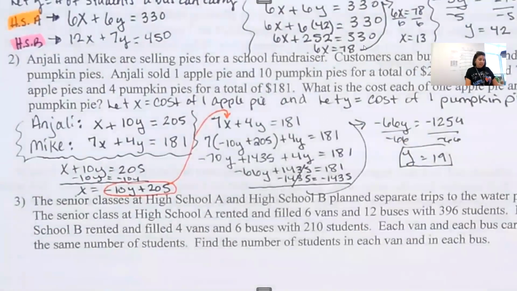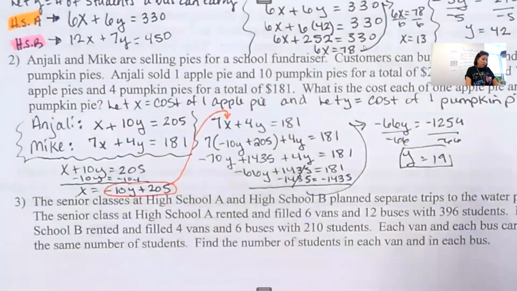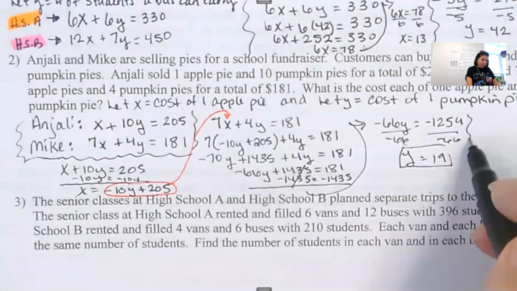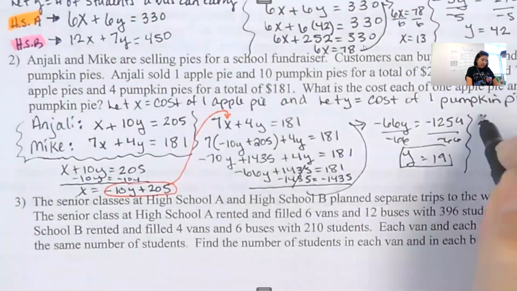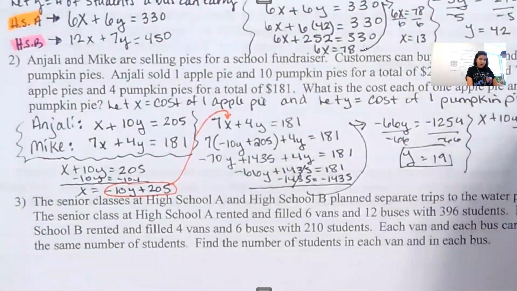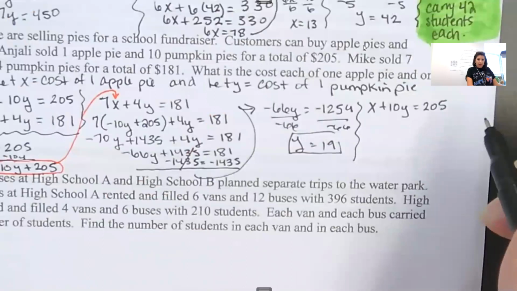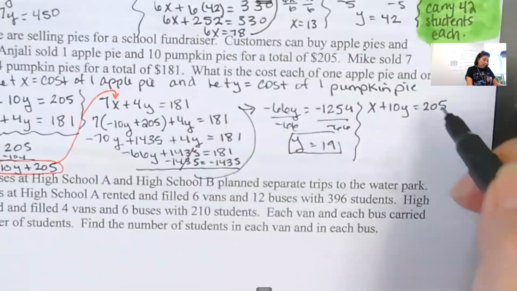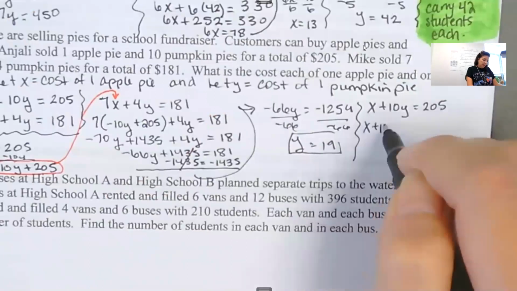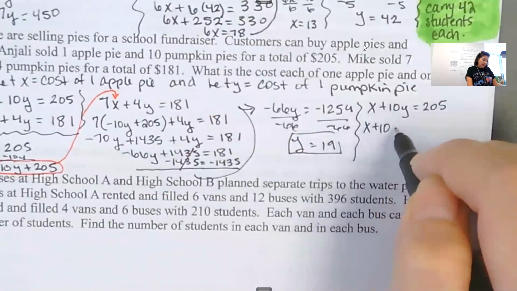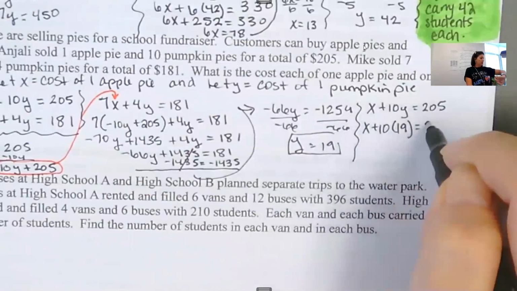Substitute 19 into either original equation. Does it matter which one? No, I'll just go with the top one. X plus 10y equals 205. So we know that a pumpkin pie costs $19, so that's why. So X plus 10 pumpkin pies at $19 each equals $205.